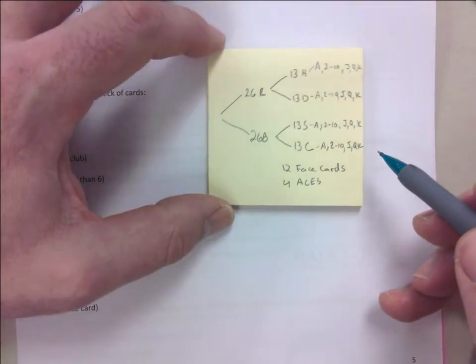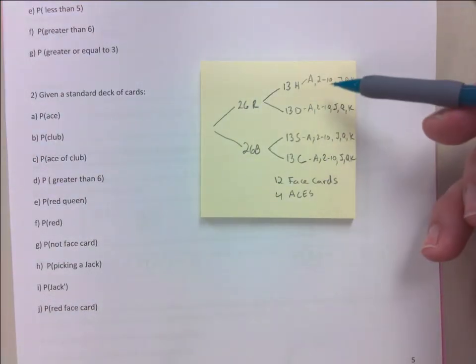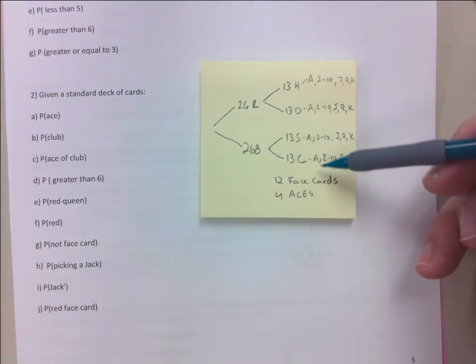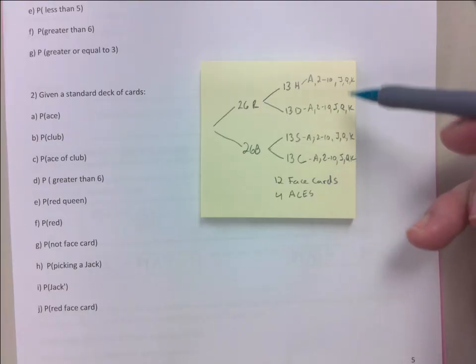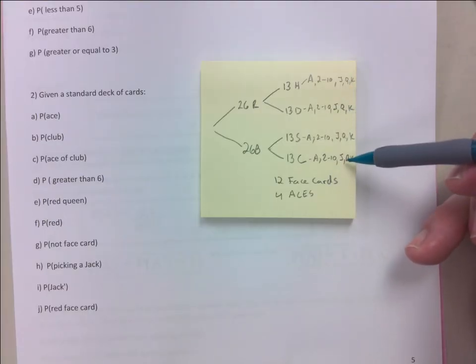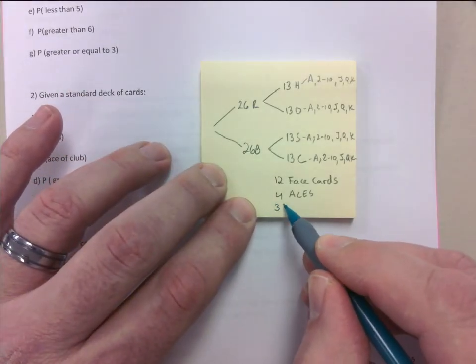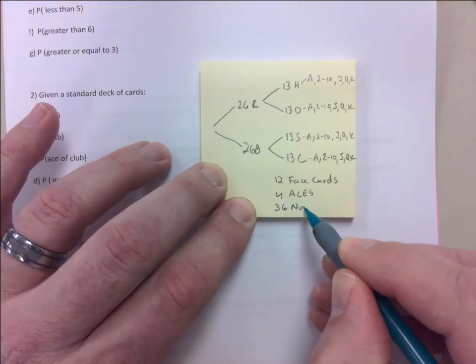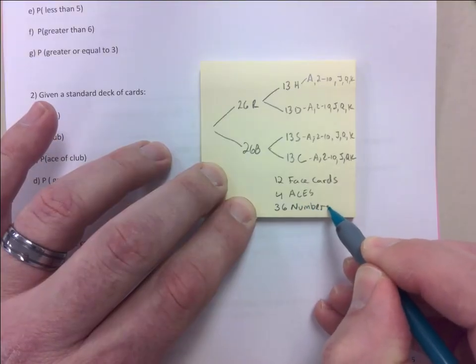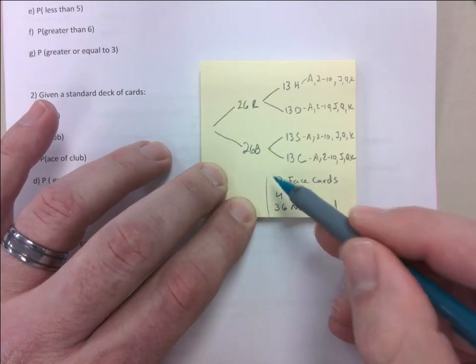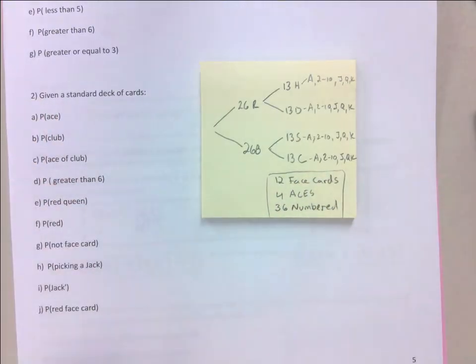Anybody remember? 52 in total. Take away the 4 aces, you're down to 48. Take away the 12 faces, so you're down to 36 numbered cards. Okay, try filling that in, and then we'll do odds later.